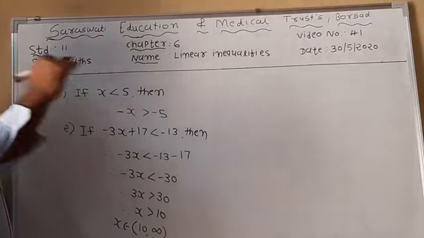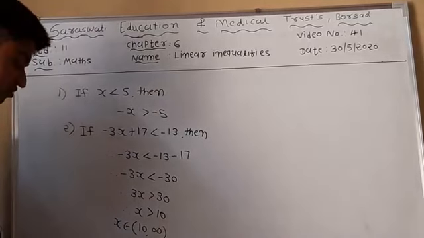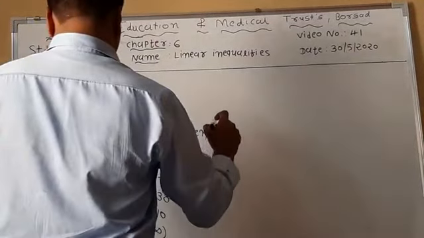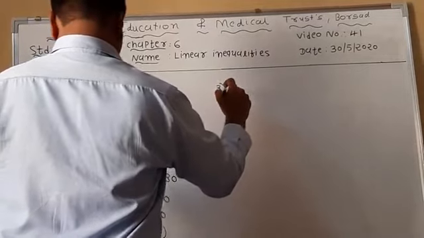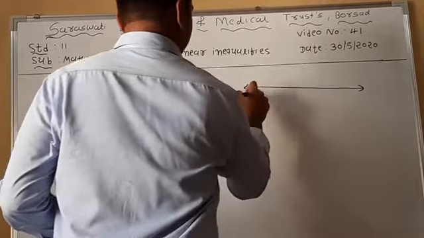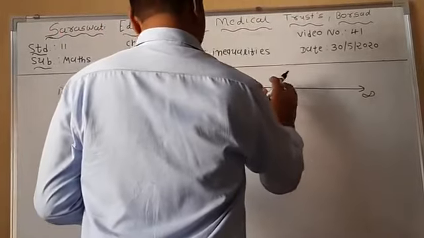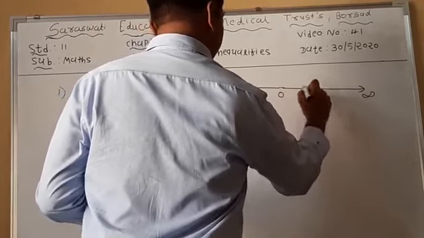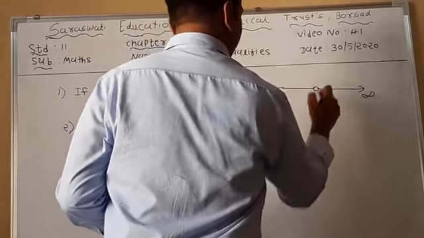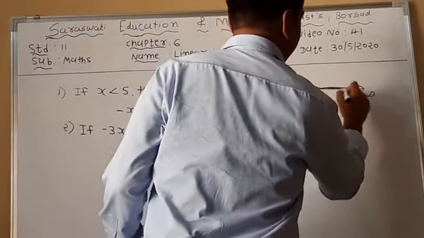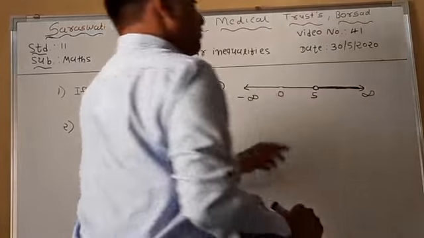Now suppose a number line is given and we need to find the interval form. Let's discuss one example. Suppose one figure is present, with minus infinity and infinity marked, 0 is present and 5 is present. Here an open circle is at 5 and the arrow is going to the right.